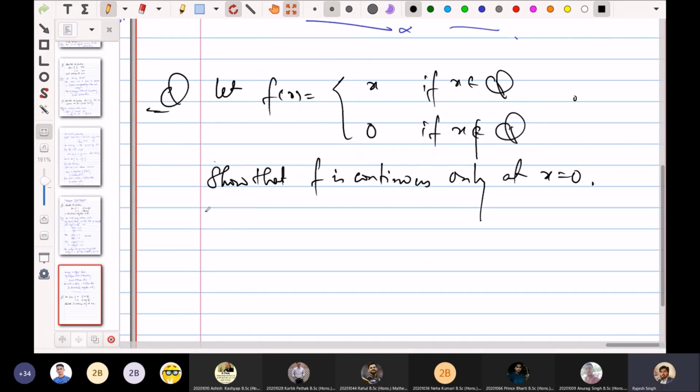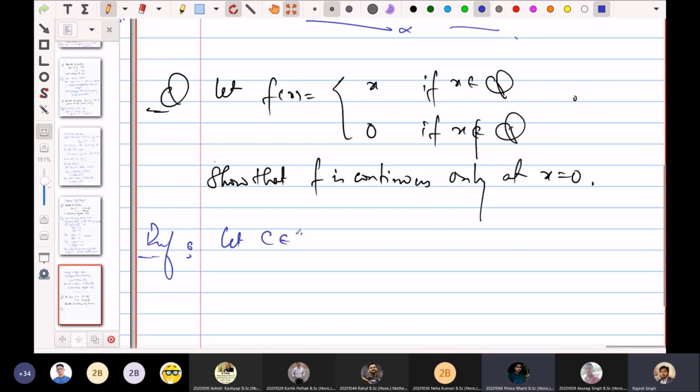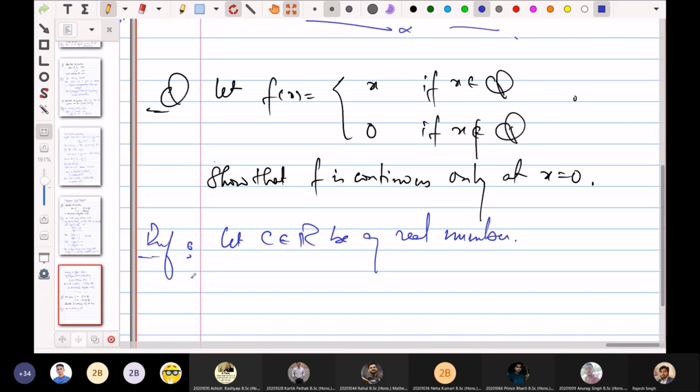So let us try to write its proof. So same way में प्रूव करेंगे, वही चीजें हैं बिल्कुल. So how we proceed for this? Let c belong to R. Then दो केसेस बना लेंगे.